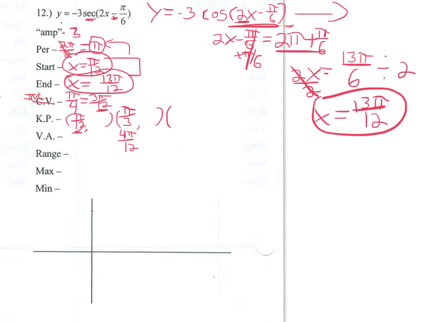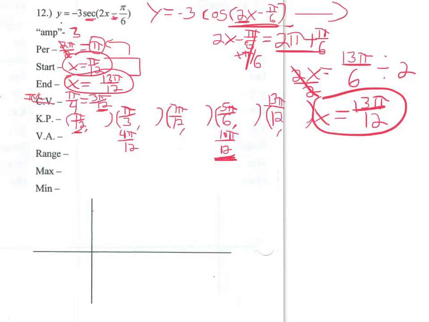If I add 3 pi over 12 to 4 pi over 12, I get 7 pi over 12. Add 3 pi over 12 to that, I get 10 pi over 12, and that reduces to 5 pi over 6. And if I add 3 pi over 12 to this, 10 pi over 12, I get 13 pi over 12. And that's where I end, so it works out. The math always works out.